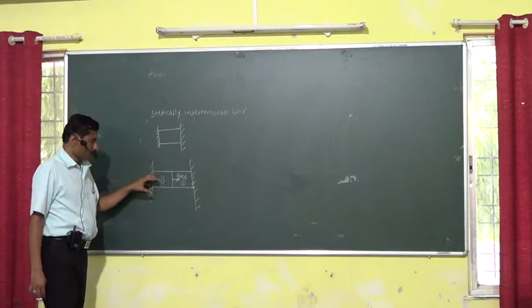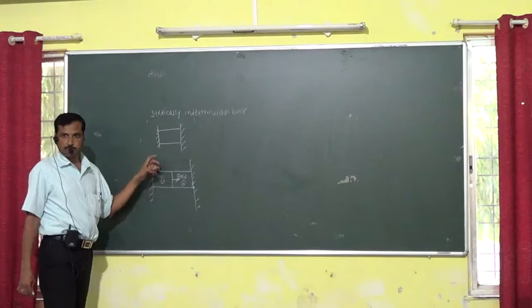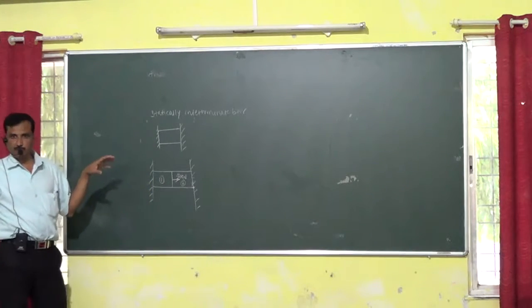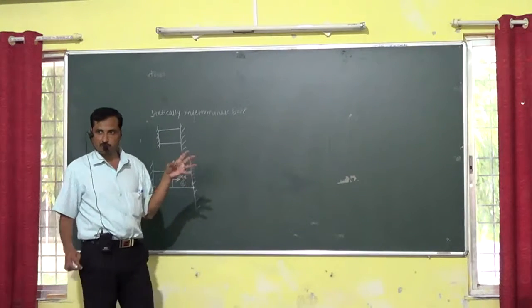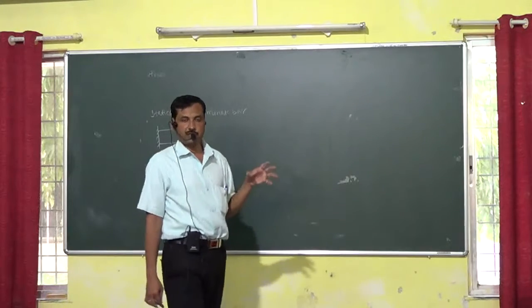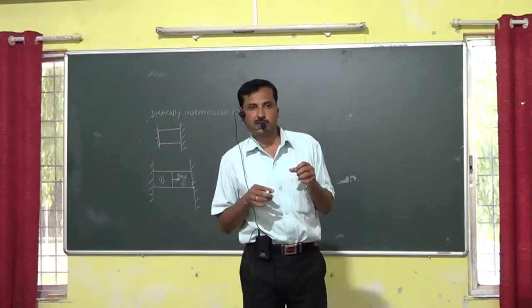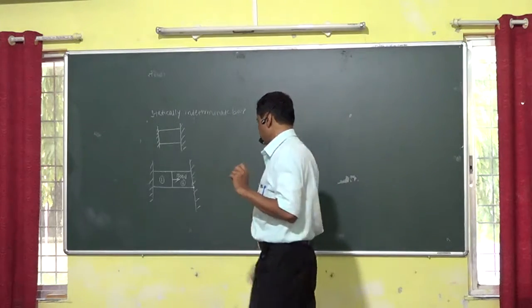And for section 1, this 50 kilonewton amount of force, as well as on section 2, this 50 kilonewton amount of force will act. So this 50 kilonewton is not the magnitude of force acting on section 1 only or section 2 only, but that 50 kilonewton amount of force is acting on both sections, section 1 as well as section 2.